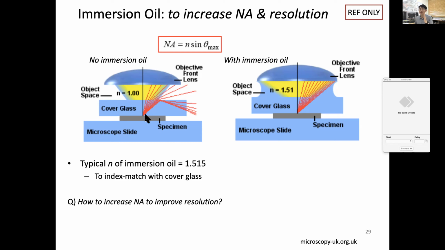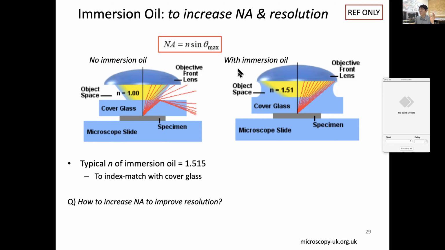With air, n equal 1, the rays coming from here, from Snell's law, will bend this way because this is a low refractive index compared to glass. Glass has almost 1.5 refractive index. So it bends towards the outside. And so this ray eventually turns outside of the lens and you lose that information further. So this has a limitation.